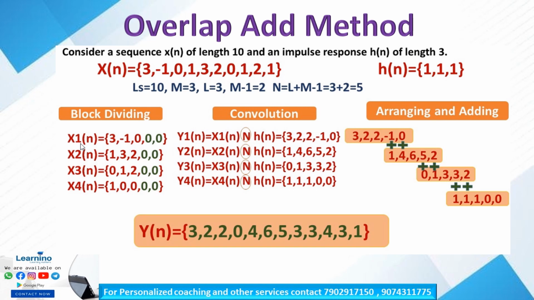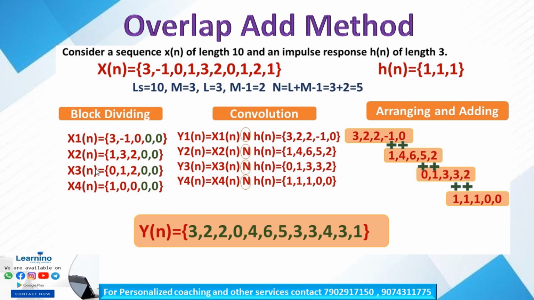To make it more clear, x1 of n, the first block, is equal to the first 3 data points from the input sequence, which means the first L points: 3, minus 1, 0. Then M minus 1 zeros, that is 2 zeros, are appended to it. Then x2 of n is equal to the next 3 points from the input sequence, that is 1, 3 and 2, then append 2 zeros.